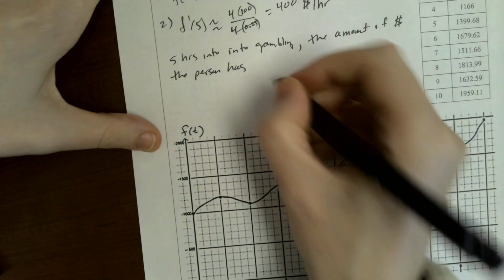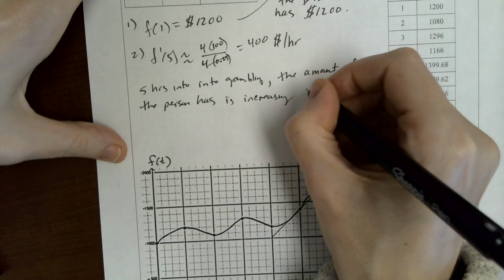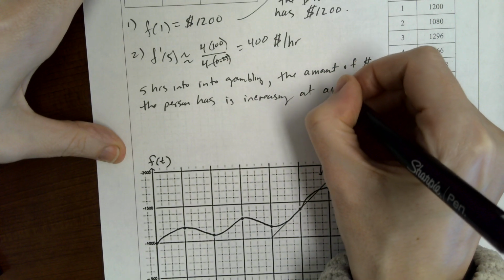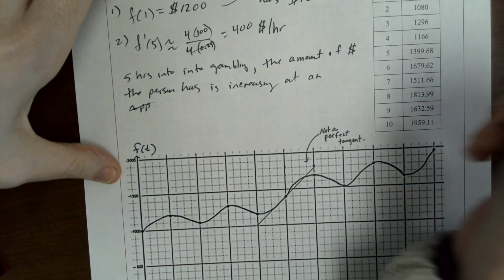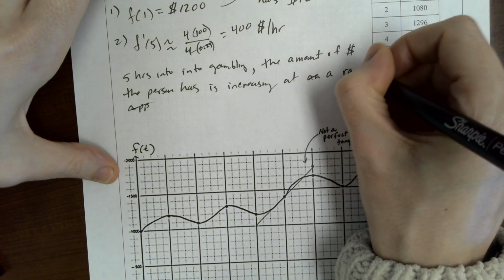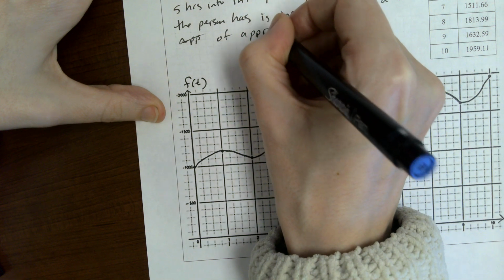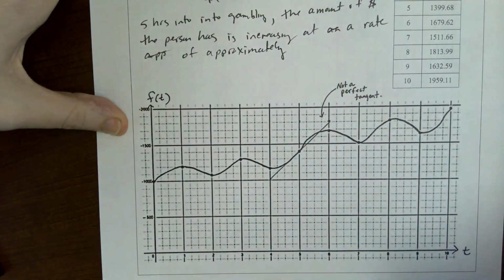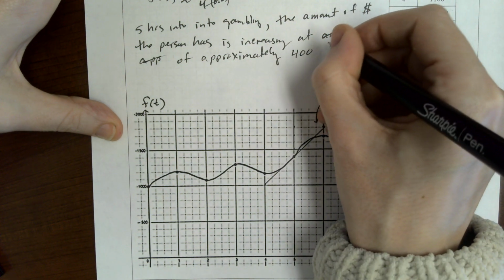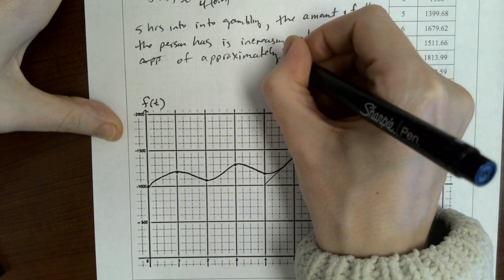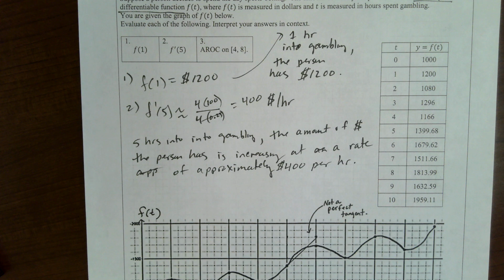The amount of money the person has is increasing at a rate of approximately $400 per hour.